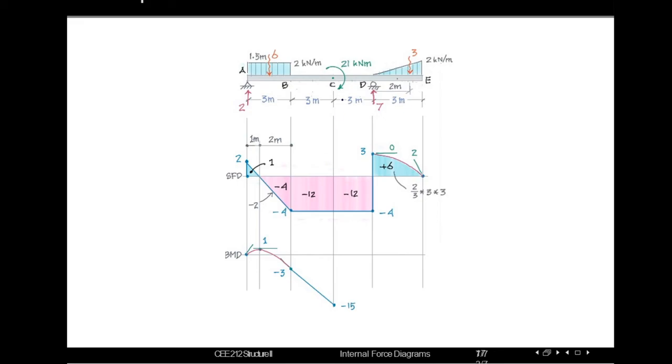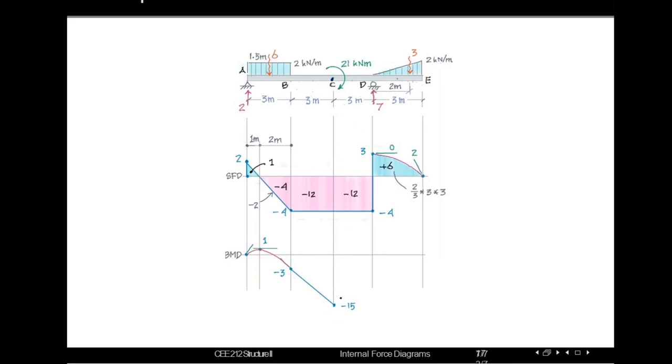But at C point, it is facing a moment, and the moment is a clockwise moment. We know that if there is a clockwise moment, we need to consider it as positive. Here the value is -15, and we can see an external moment, which will affect our bending moment diagram and add up with this diagram.